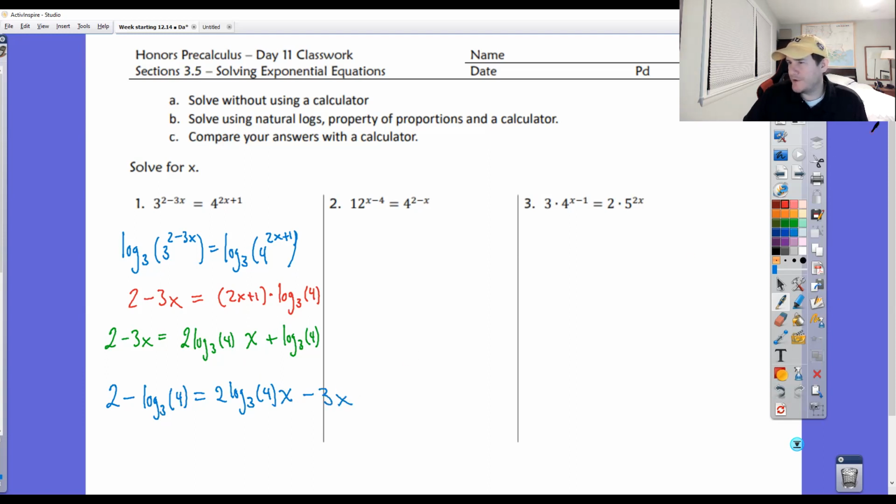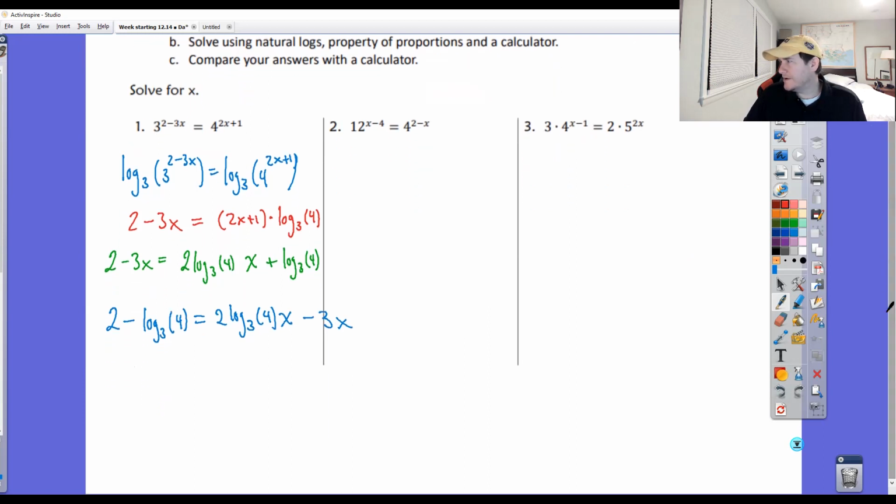And then where the heck do we go from here? Well, it's not a heck of a lot that we can do. 2 minus log base 3 of 4, we can't really change that. And what we can do here really is just factor out the x to have x times 2 times the log base 3 of 4 minus 3.